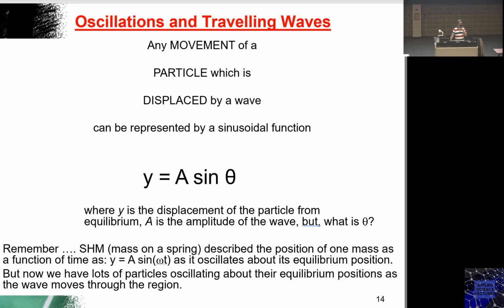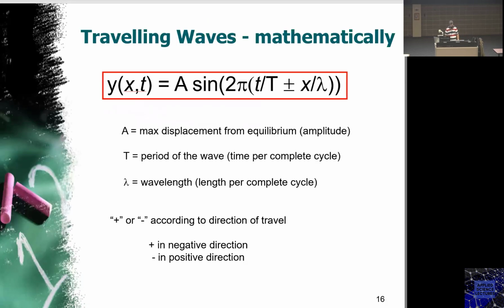Why? Because in order for that wave to propagate, it should be a function of the space and also a function of time. So how is this happening? It is represented by this function, which is a function of space x and time t. This is the wave function.